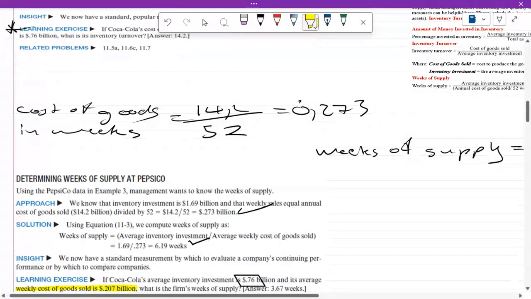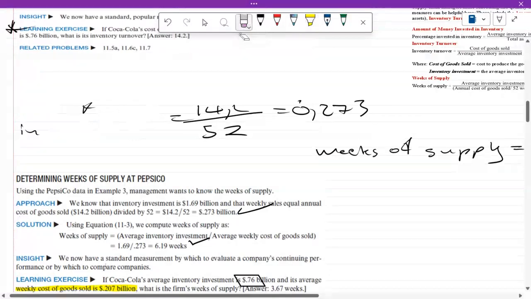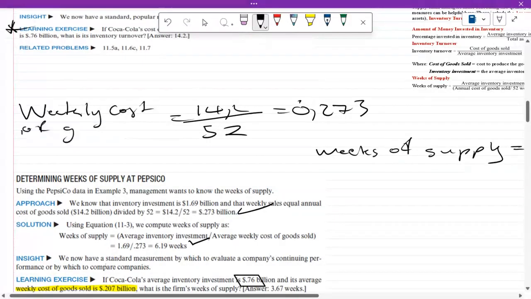Cost of goods. So in this statement, the right way is to say weekly cost of goods sold.